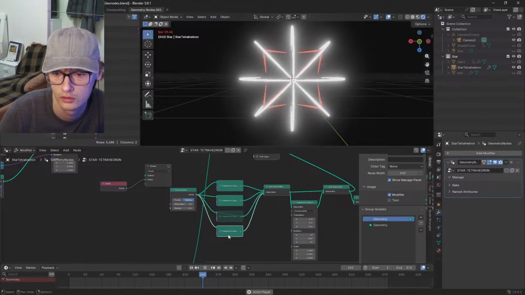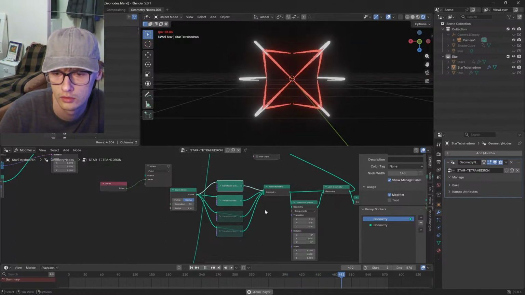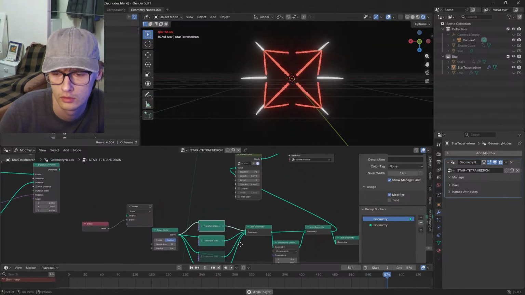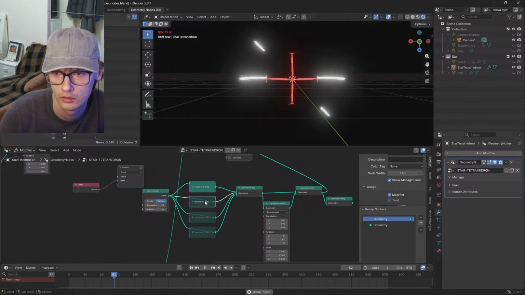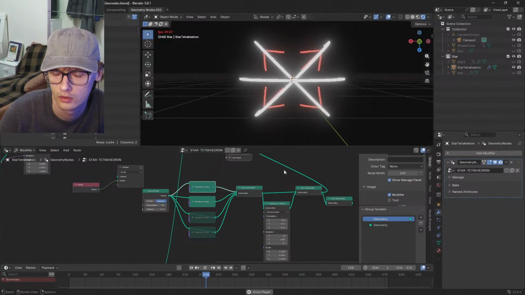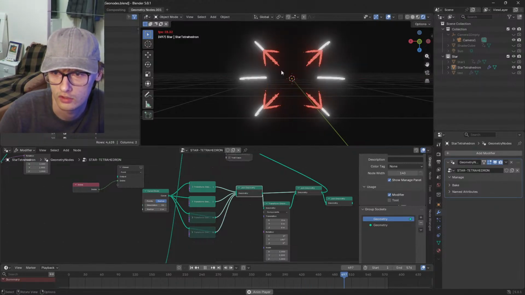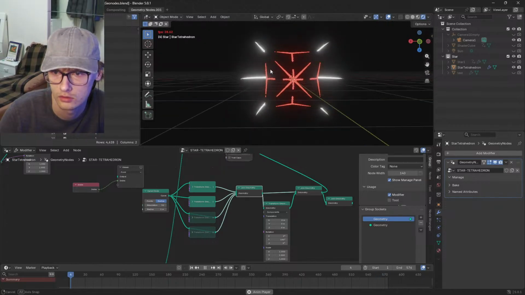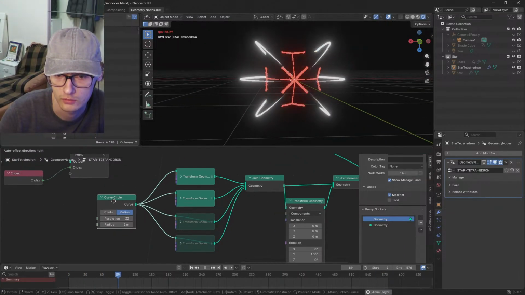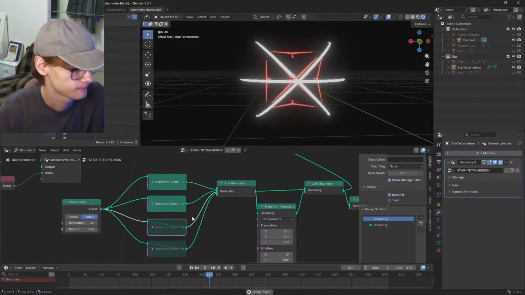Cool. Nope. I'm so confused. There's 3 circles, but I only have 2 transform geometry nodes. Oh, I see why.